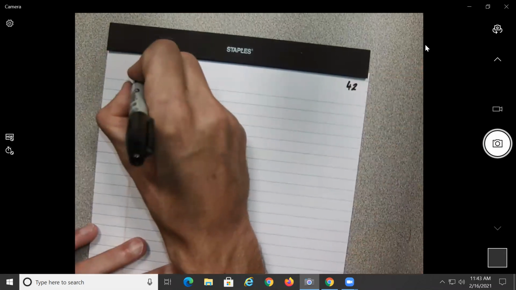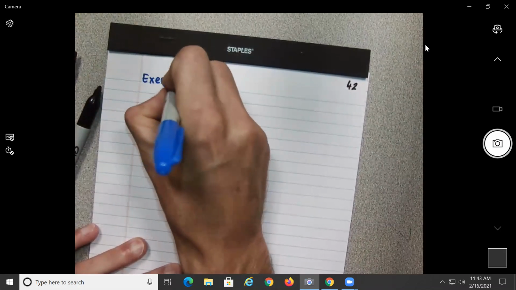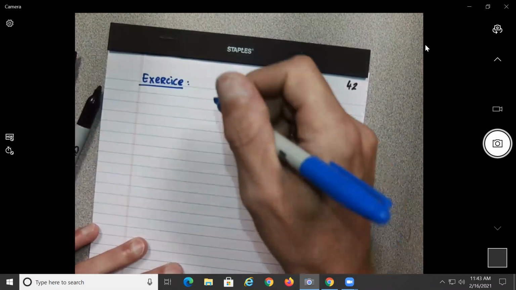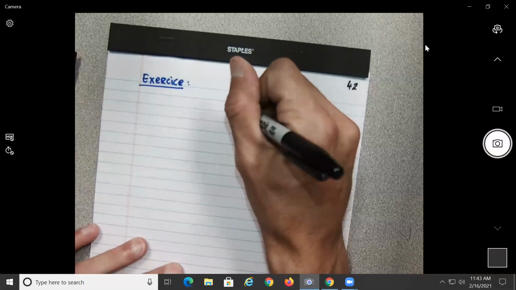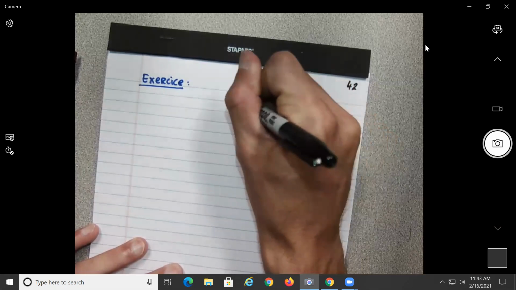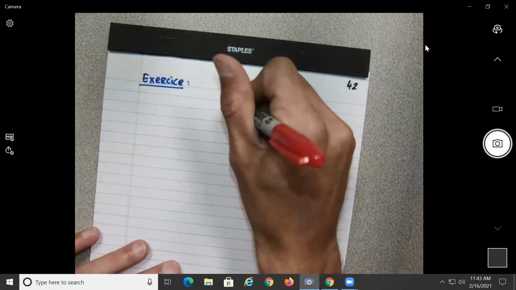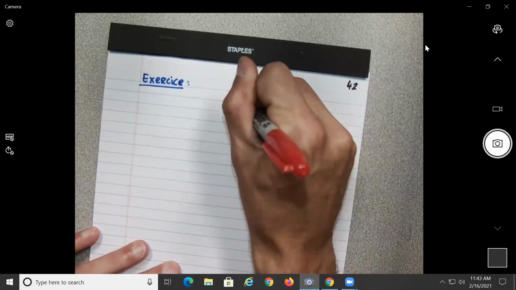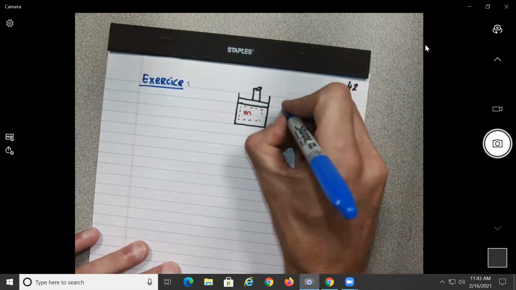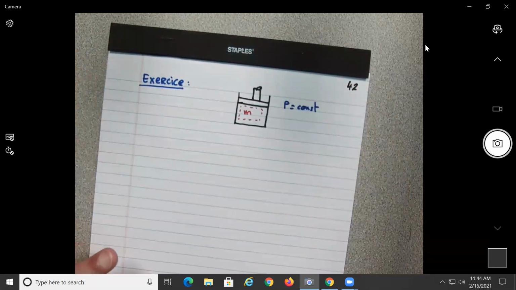Okay, so the exercise or problem is the following one. Let's say you have a piston cylinder assembly. So that means that the mass is constant, and you know that if nothing is applied, the pressure will be constant.